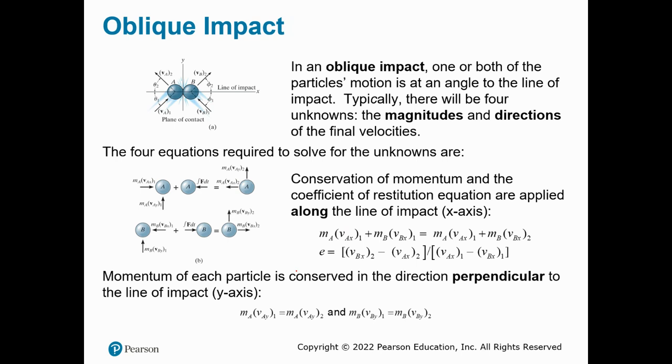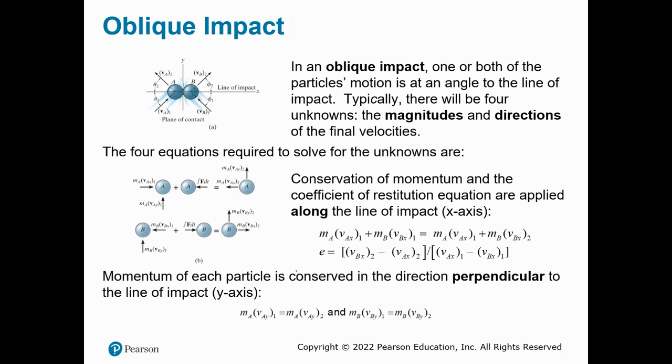The four equations required to solve them: conservation of momentum and the coefficient of restitution equation are applied along the line of impact, on the x-axis. I will show you some examples in a little bit. Keep in mind that the momentum of each particle is conserved in the direction perpendicular to the line of impact, on the y-axis.